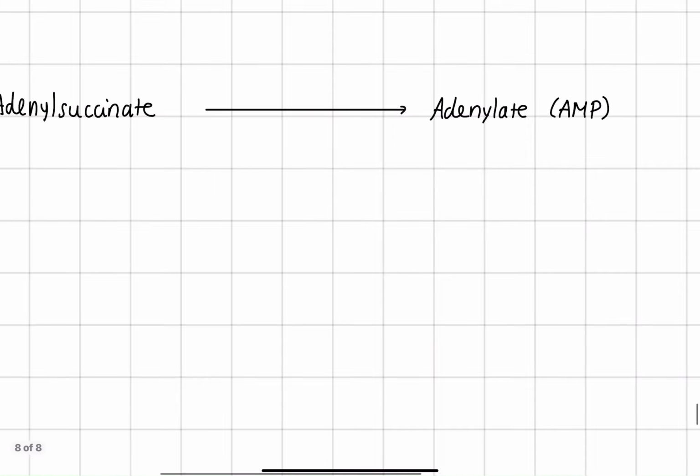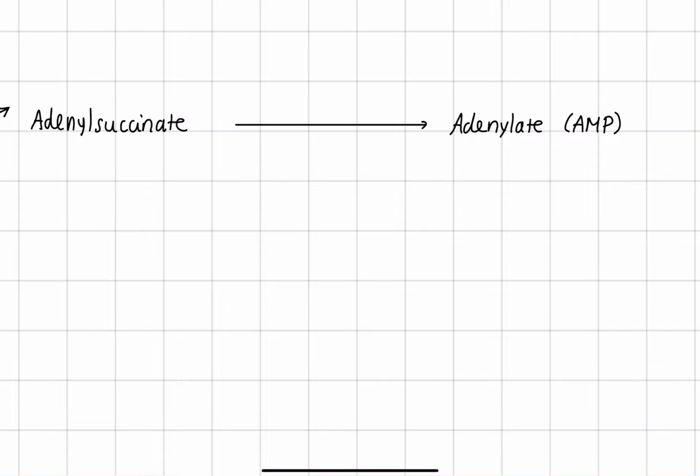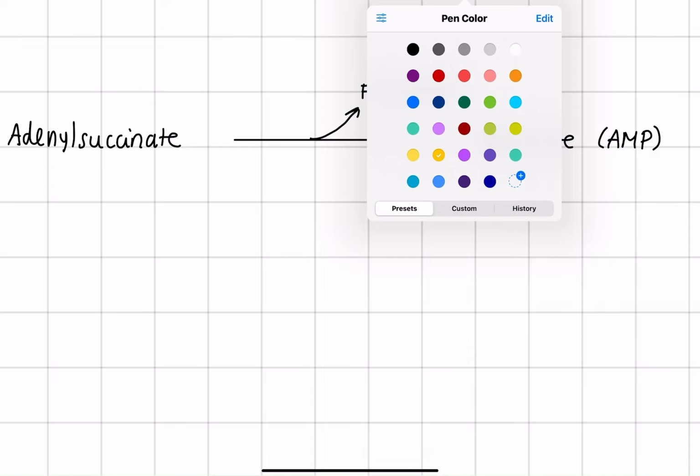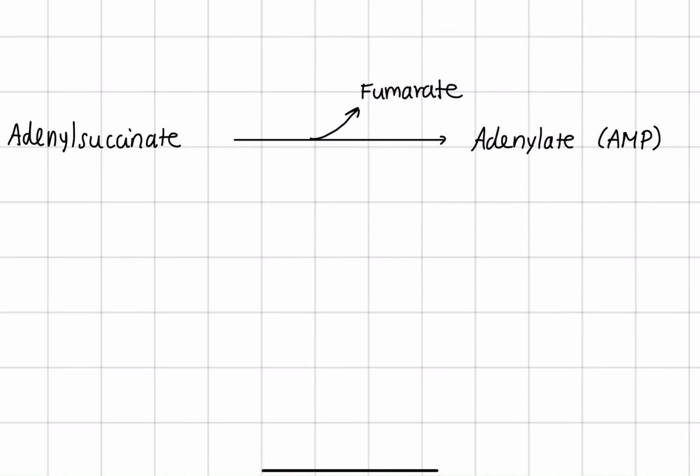So in order for adenylosuccinate to change to adenylate, we get rid of a fumarate. So as before, what's the enzyme that is used to get rid of fumarate? Of course, a lyase.